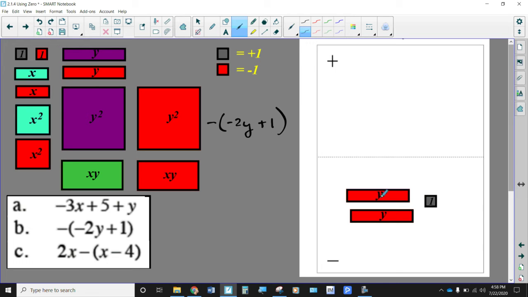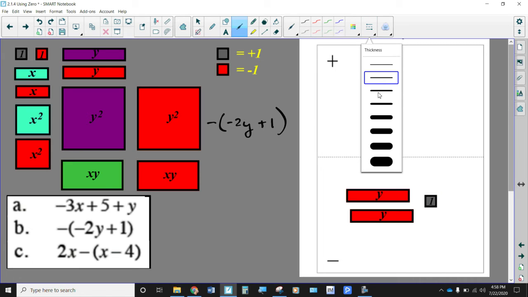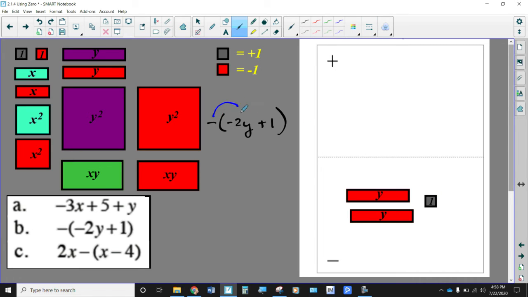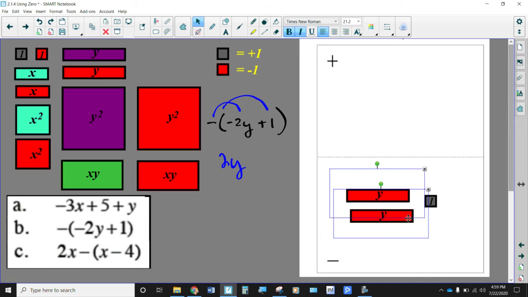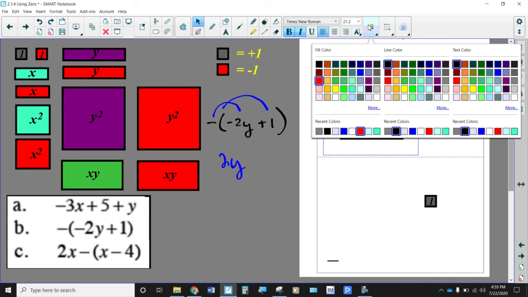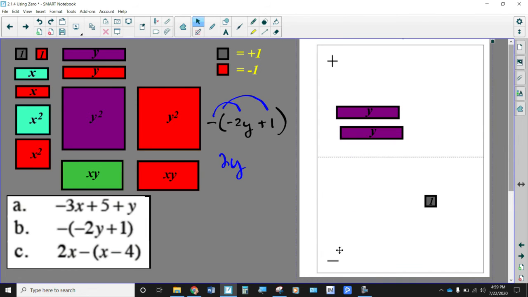This is how the opposite of 2y plus 1 would look, right? They're in the negative region or the opposite region, and you've got two negative y's and a positive 1. Now, how could I rewrite this guy? Well, if I considered doing distributive property here, I would change this guy to its opposite, which means I would move the negative 2y's across the street, and then they become positive 2y's.